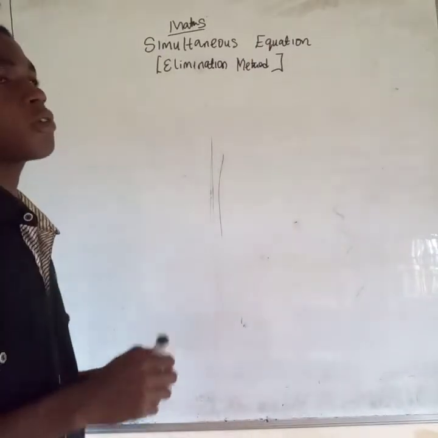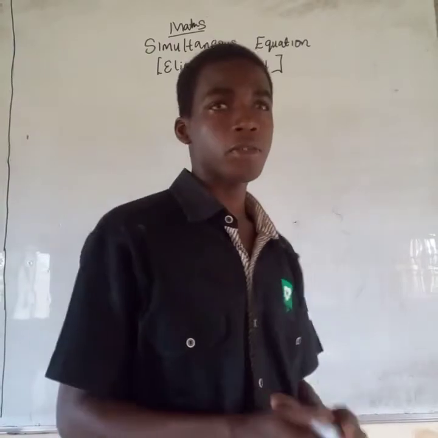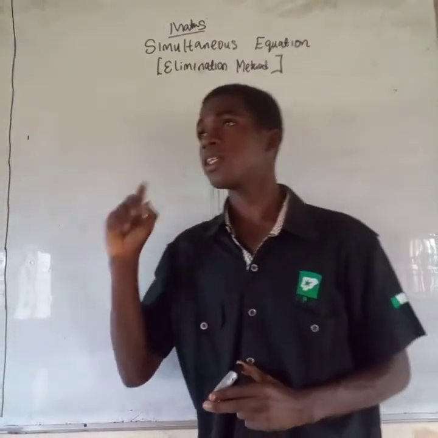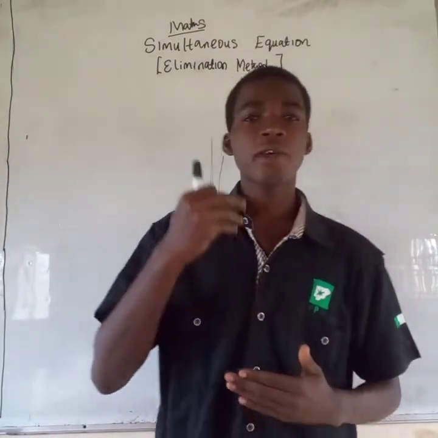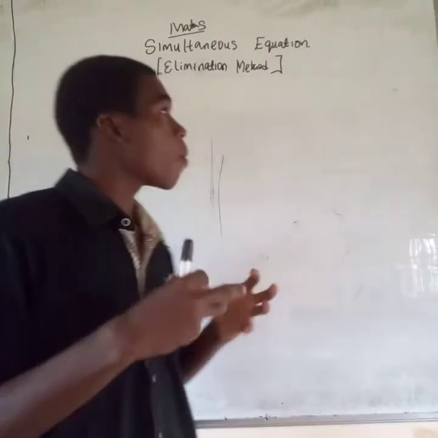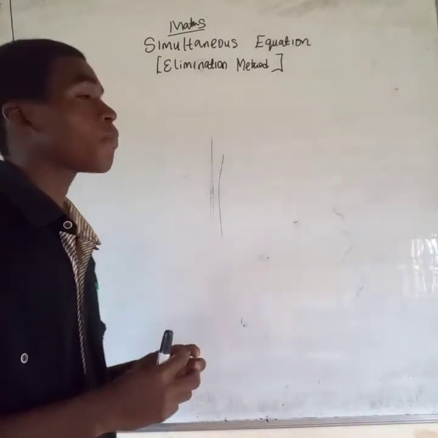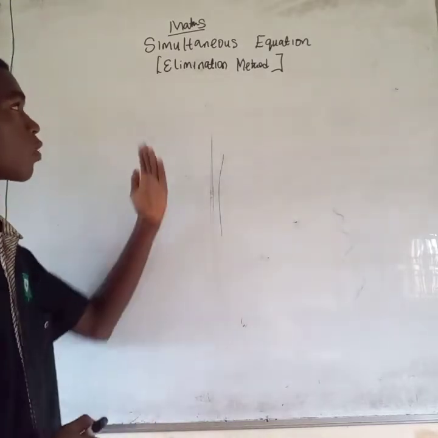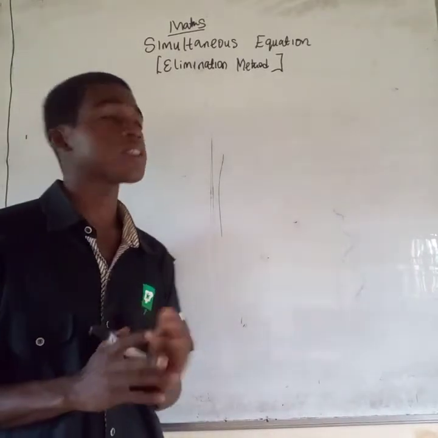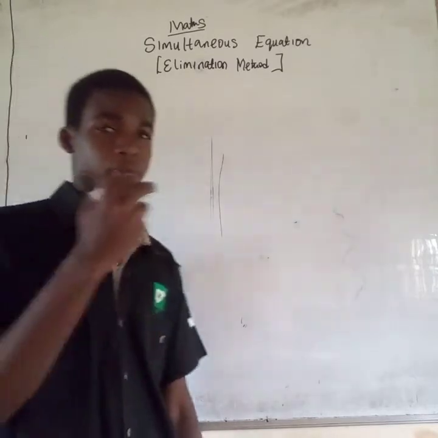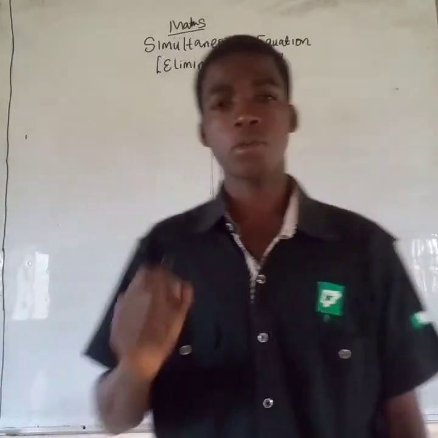And in this class, we are going to be explaining elimination method. When we explain elimination method, we will also combine elimination method and substitution method together because they work together. But first of all, we focus on elimination method first. Then we talk about substitution method.